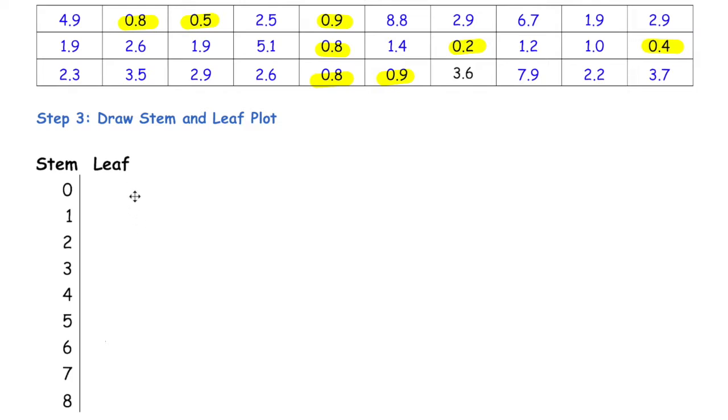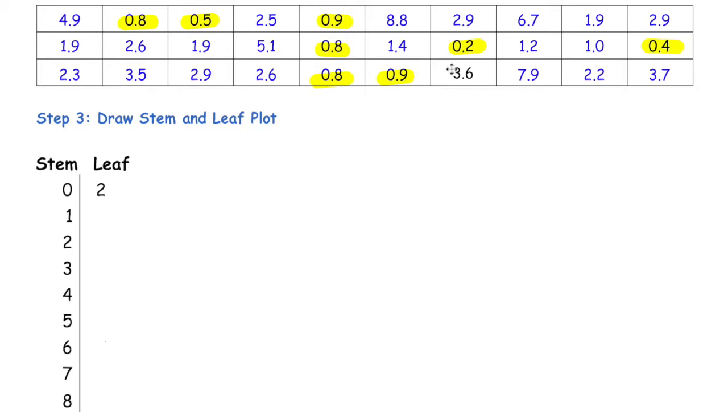And obviously the idea is to show them from smallest to largest. So 0.2 would be displayed as just a 2. And notice how 0 times the stem unit of 1 plus 2 times the leaf unit of 0.1 equals 0.2. So the stem times the stem unit plus the leaf times the leaf unit should always be the data point.